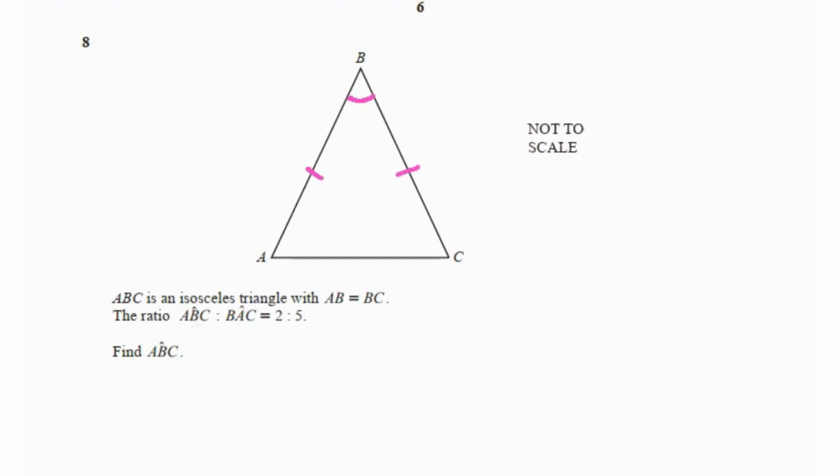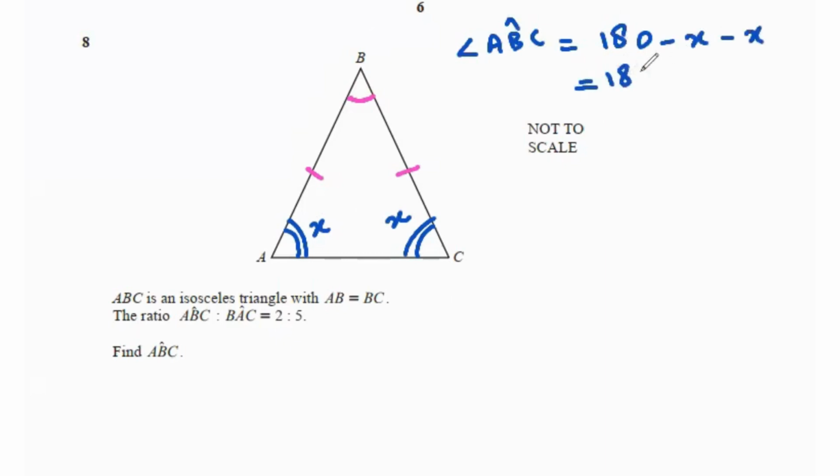So this angle is equal to this angle. So if we assume this to be x and this to be x, angle ABC would be 180 minus x minus x, which is 180 minus 2x.